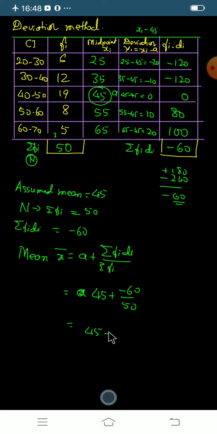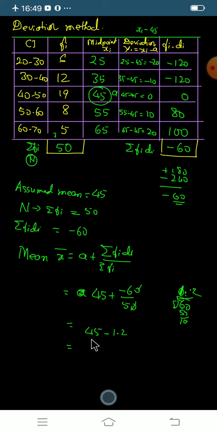That is 45 minus, 0 cancels 0, that is 6 divided by 5. 6 divided by 5 is 1.2.